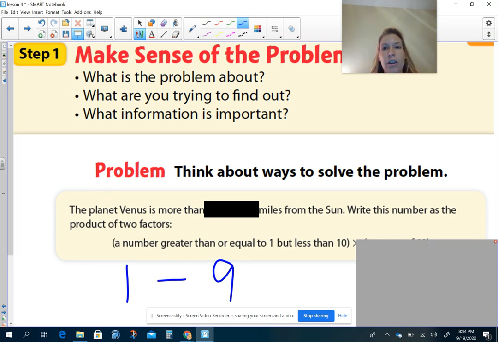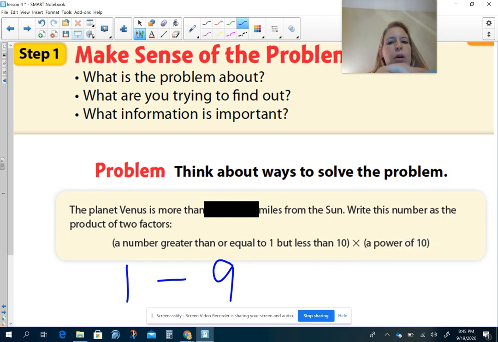Yeah, it could be all the numbers in between, right? 1 through 9. It can't be greater than, it's got to be less than 10. So it can't be 10, but think about all the numbers that are between 1 and 10. Don't forget about decimals, right? Okay, so I could have 1.5, I could have 9.5. We just can't have 10.